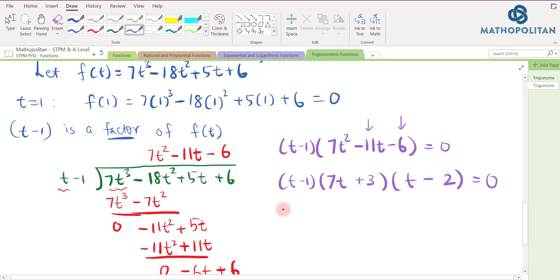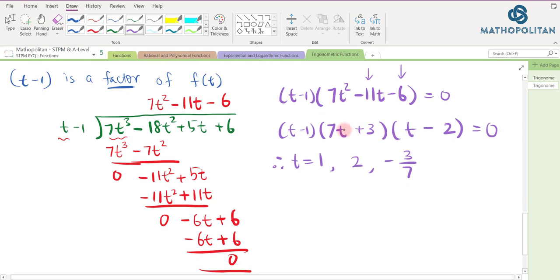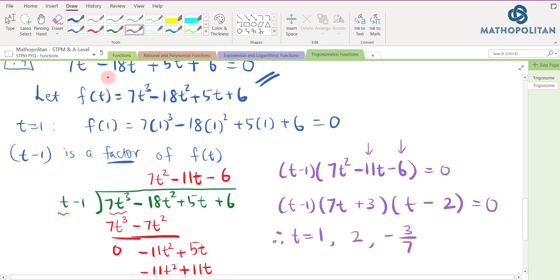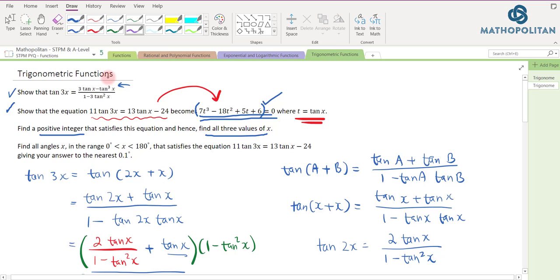Right, so from there we can solve this equation. So t is equal to 1, or t is equal to 2, or t is equal to negative 3 over 7. But bear in mind that t is equal to tangent x. So that finally leads us to the last question, which is after we find the values of x, this is where we need to substitute back t equals tangent x.